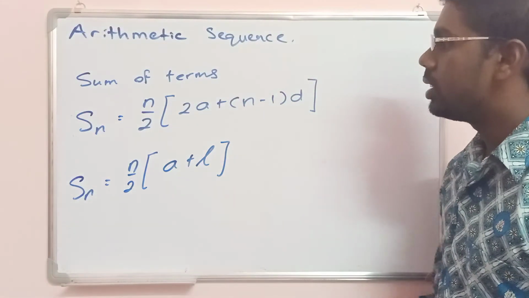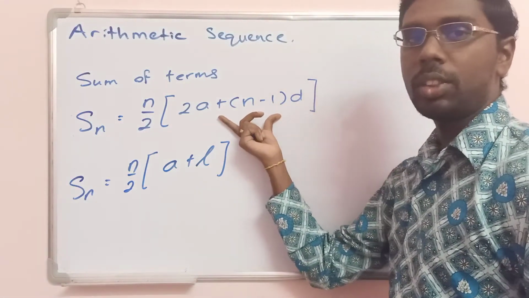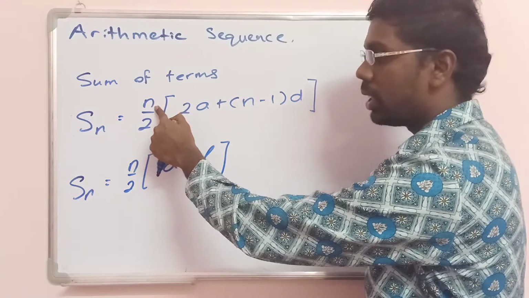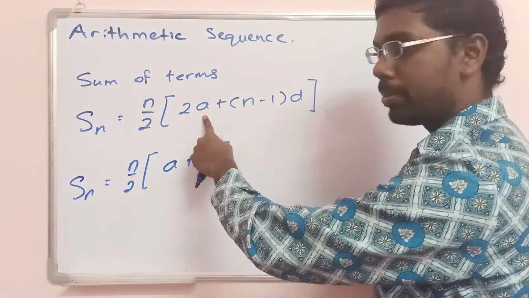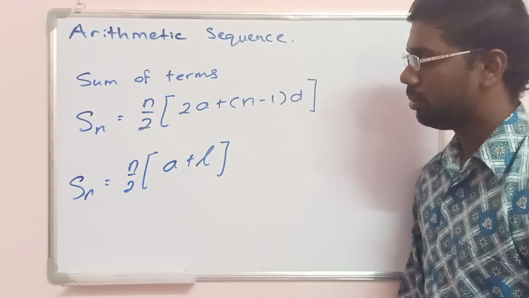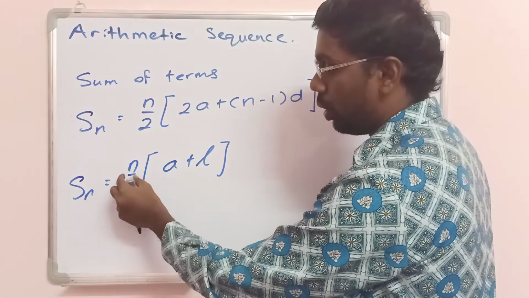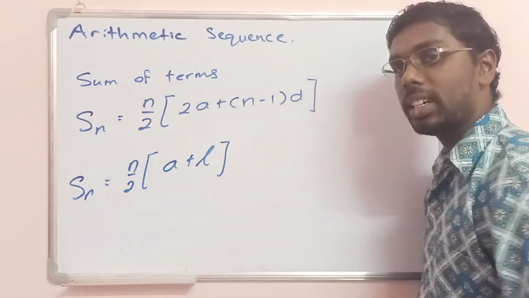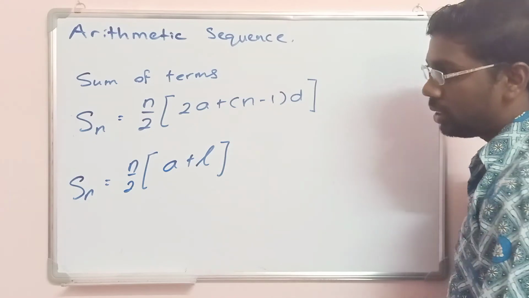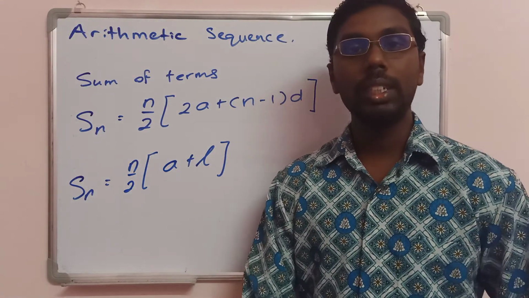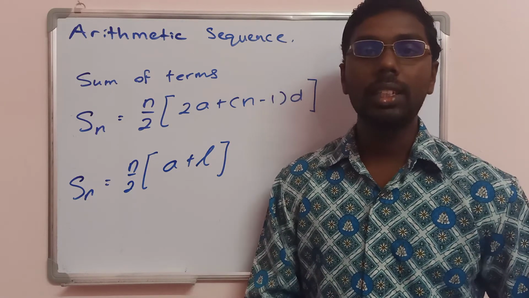For the first, there are 3 things we must know: the number of terms, the first term, and the common difference. For the second, we need to know the number of terms, the first term and the last term. These 2 formulas are commonly used to find the sum of the terms of an arithmetic sequence.